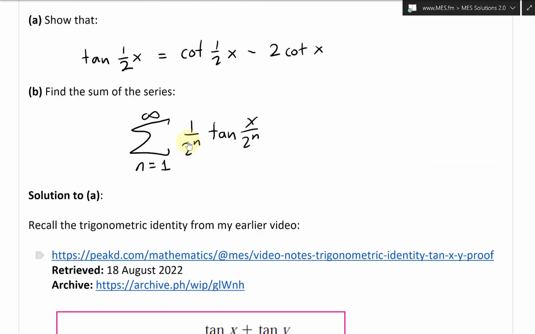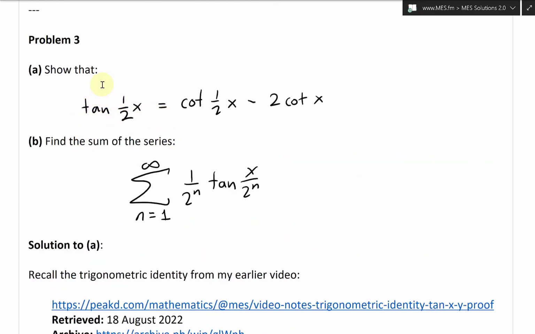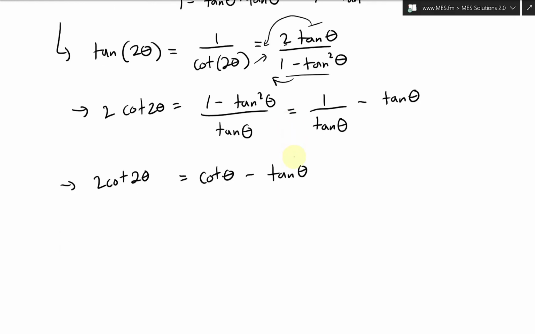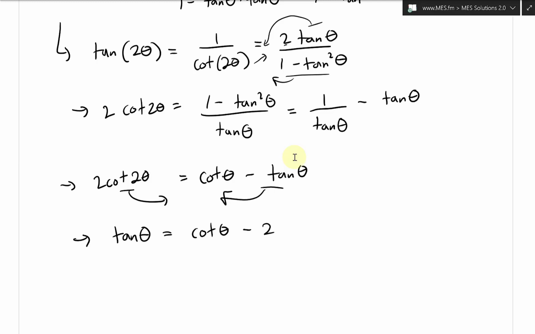Notice that our identity is tan in the form of cotangent, so we can move this over to the other side, and then move this back. So we get tan theta equals cotangent theta minus 2 cotangent 2 theta, like that.